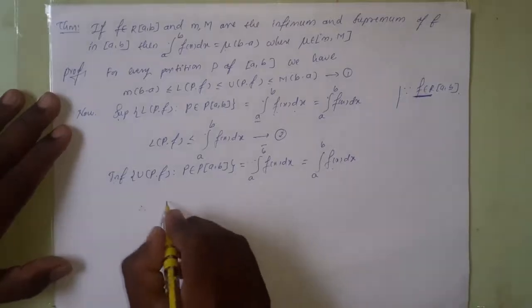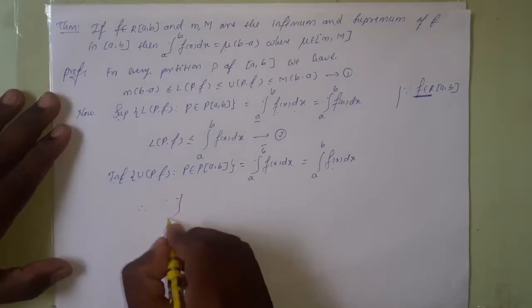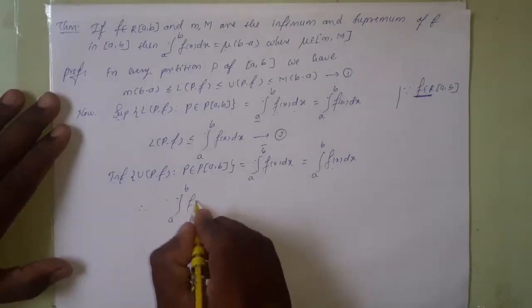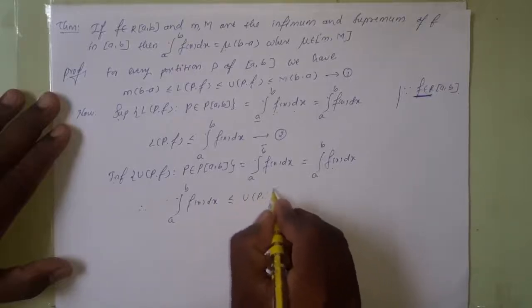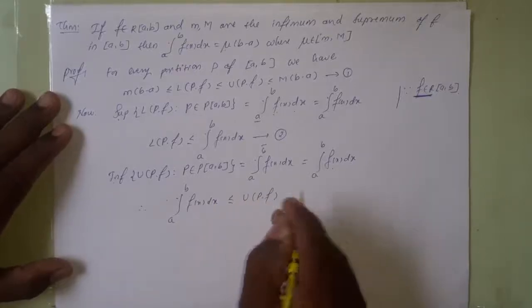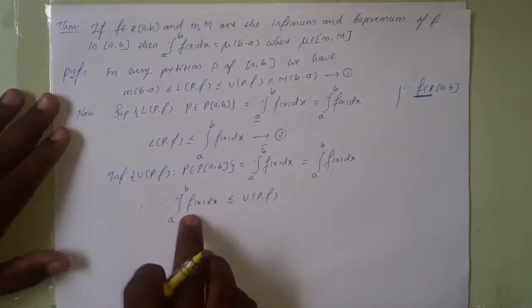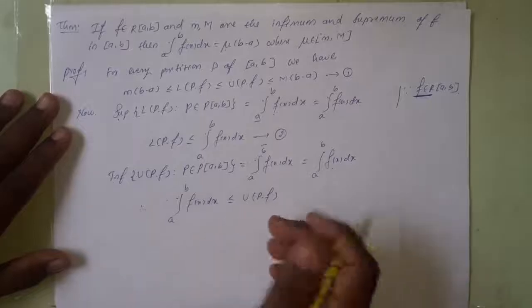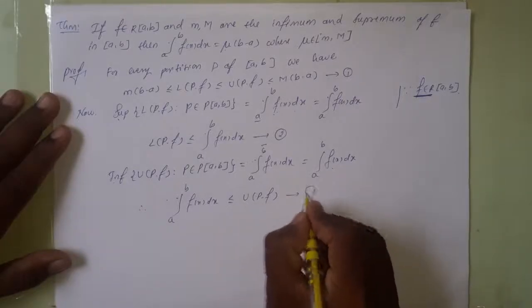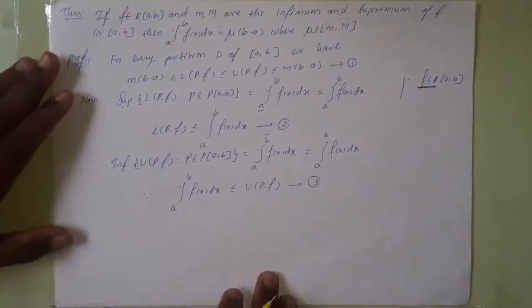Therefore, we can write that the integral from a to b of f(x) dx is less than or equal to each UPF. Since this is the infimum, meaning least value, that must be less than or equal to UPF, and consider this as equation number 3.